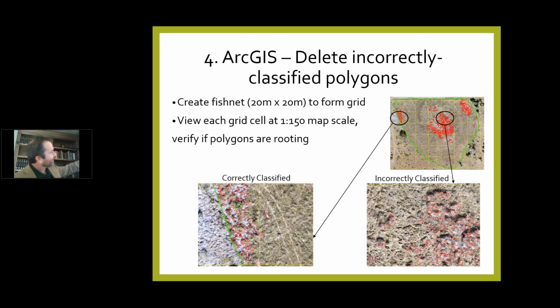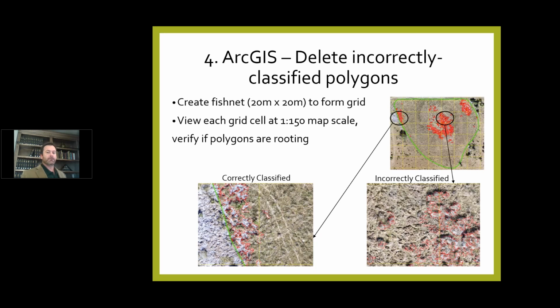But anyway, what he's been doing is he puts these, I think you can see the yellow grid over the top there. He'll put that yellow grid over, and he'll step through that grid, and he'll just say, okay, does this grid look proper to human eyes as rooting or not? And he zooms right in to that grid, and he does it to a 1 to 150 map scale.